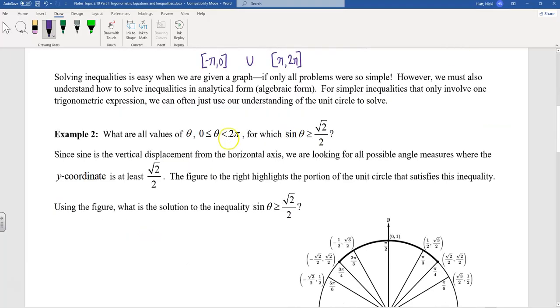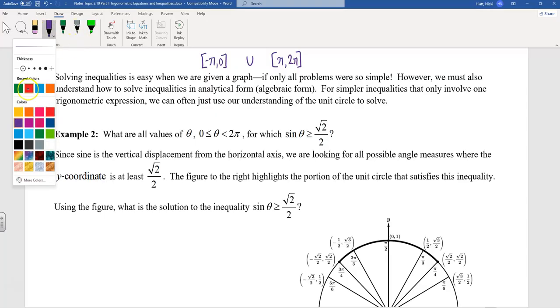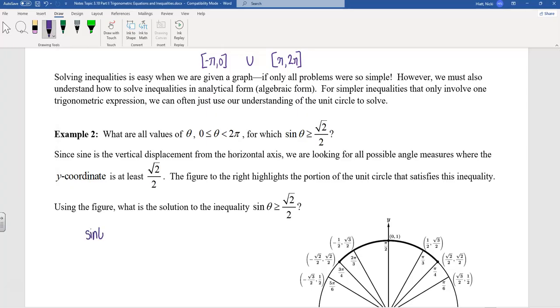Another example is, what are all values of theta from 0 to 2 pi for which sine of theta is greater than or equal to square root of 2 over 2? Okay, so here, like last night or in class yesterday, we were finding sine of theta equals square root of 2 over 2, right?